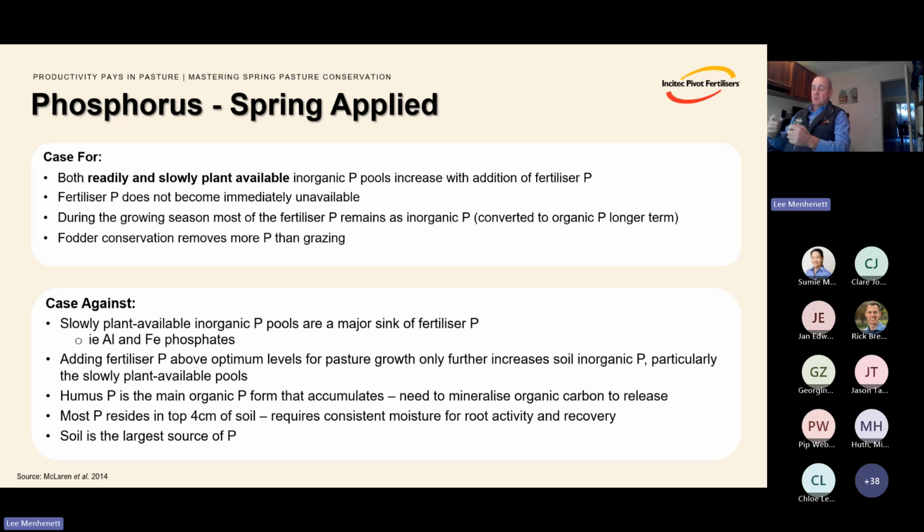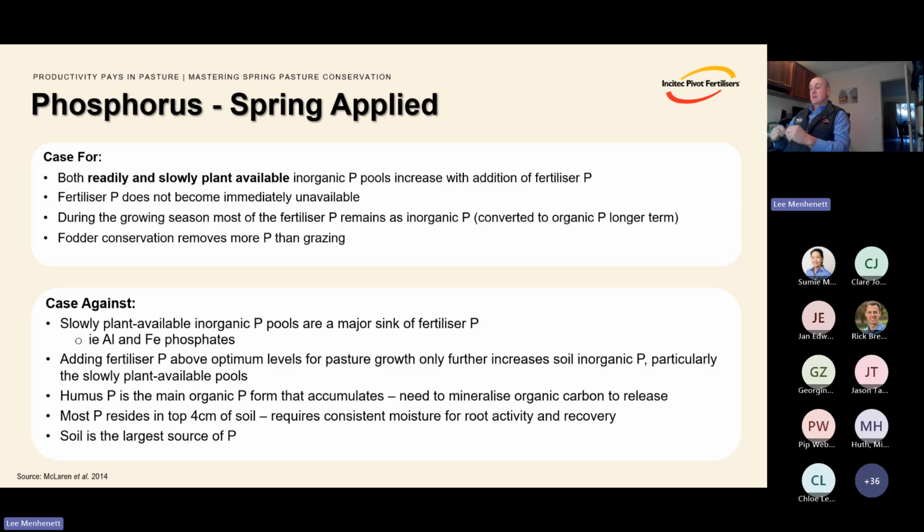So when you're putting it on above the optimal P rates, you're setting more into the unavailable pools. Humus is the main organic phosphorus form that accumulates in the system, and that needs to be mineralised over time for that phosphorus to come back into the system, which is fine, and that's what pasture systems do. That's why we have high organic carbons. We're generally quite flush with our nutrient supply, so we can accumulate more carbon in those systems.